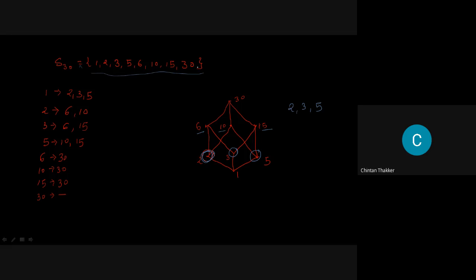And if they are covers of the zero element, then they are called atoms. So here 2, 3, and 5 are called atoms. If you want to take a screenshot of this, you can take it. Now we discuss one more example to clear up join irreducible and atom.